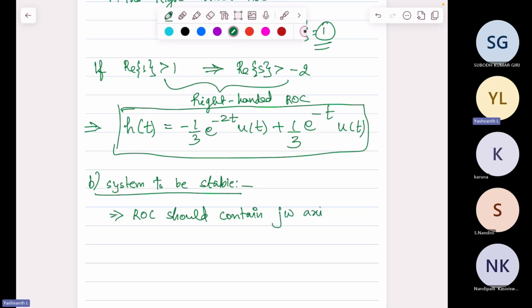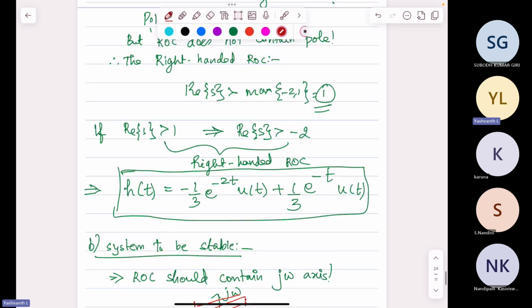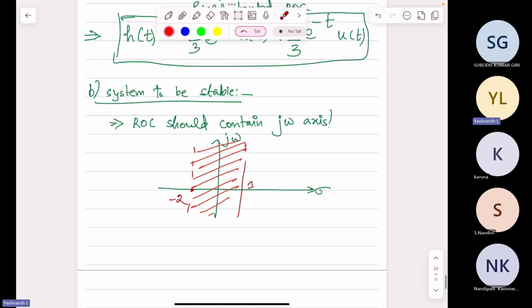That is, if I have the sigma axis and j omega, your ROC should be containing j omega. That is, both the left and right side of j omega, ROC should be present. Means what? See, this is -2 and this is 1, because there are two poles, -2 and 1.